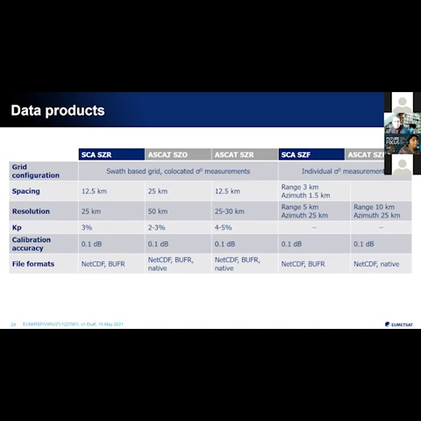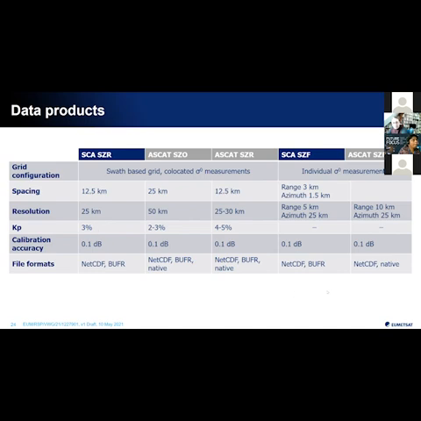Currently for ASCAT we have the operational SZO and the SZO products, which have 25 and 12.5 kilometer grid spacing. For SCA, we will double the grid spacing and the resolution. In terms of KP, we will be in the same region as for the SZO, and also for the calibration accuracy.